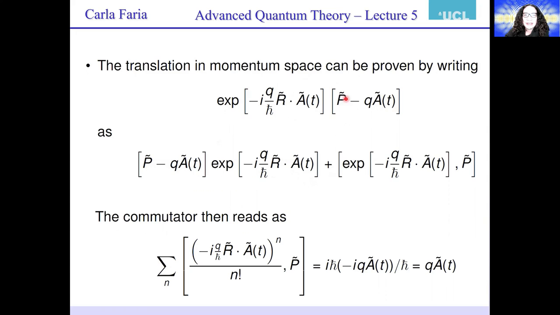So you just invert and you put plus the commutator, and then to calculate the commutator you just have to expand this exponential, which is similar to what we have done in the previous lecture for the time evolution operator. And when you do that, you get this expression for the commutator, which is the one that I had, which agrees with the other expression.